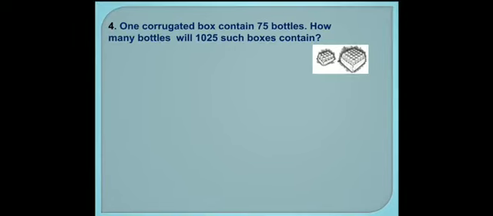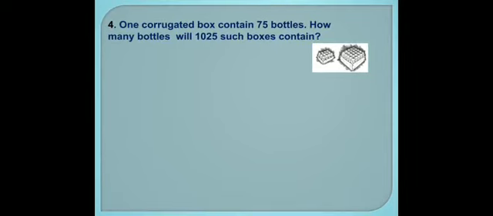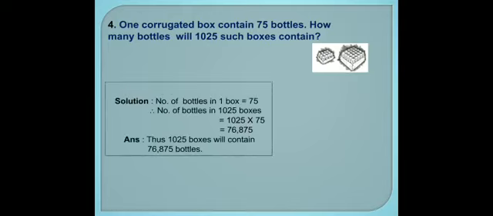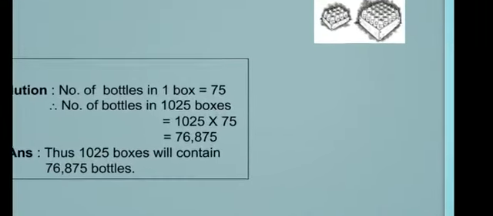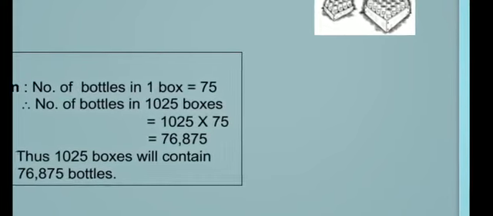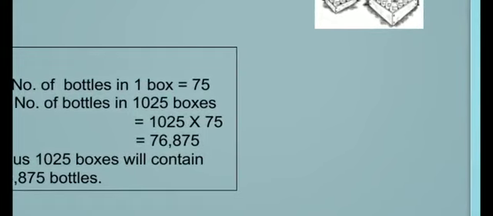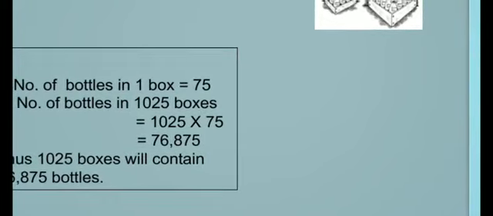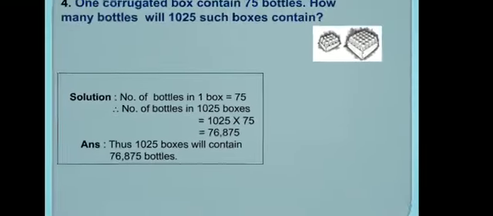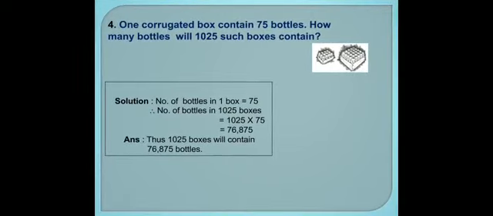For the solution, we have to first write the solution in the box. So here is the solution. Number of bottles in one box equals 75. Therefore, for the number of bottles in 1025 boxes, we have to show the multiplication of both the numbers. Now again, the working is compulsory as we cannot reach the answer directly.